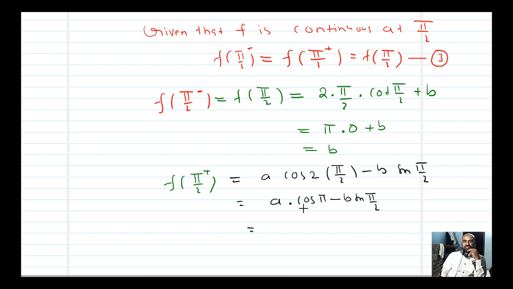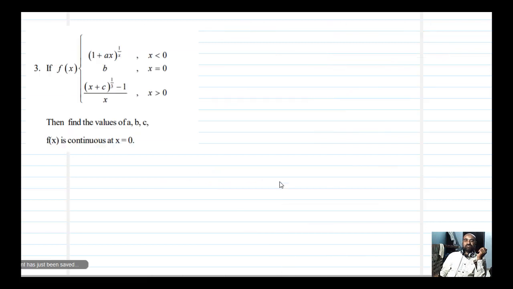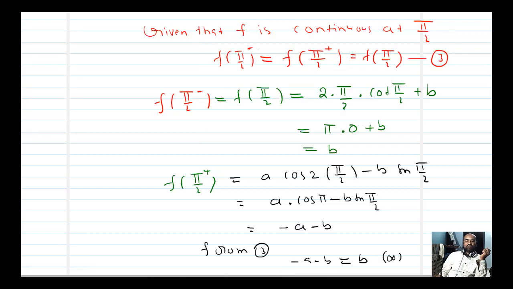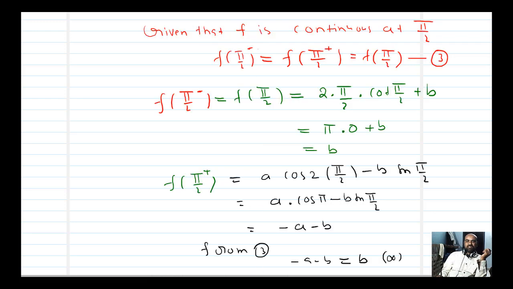Cos pi is minus 1, so this is minus a minus b. So from 3, minus a minus b should be equal to b, or on the next page I will write 2b equal to minus a, 2b equal to minus a. I can say this is result number 4.